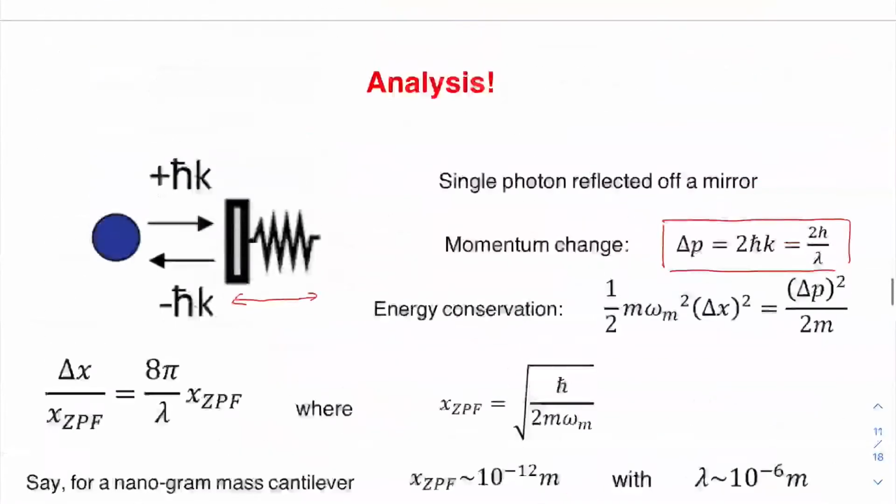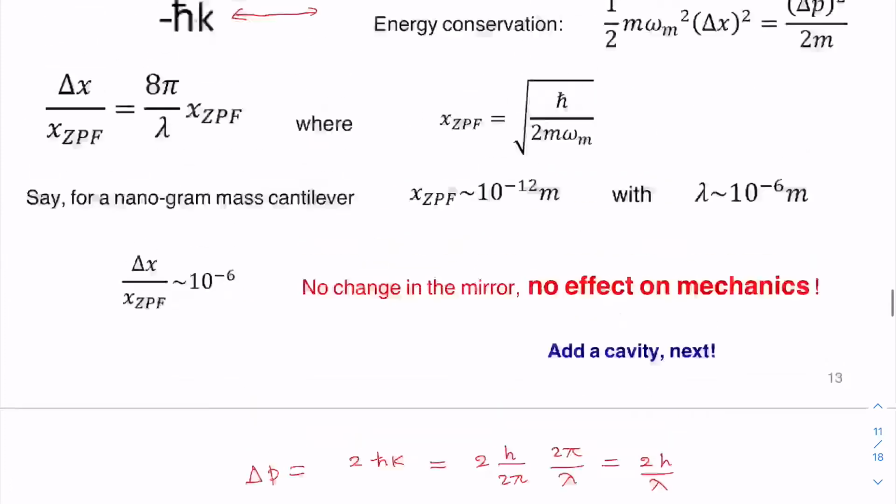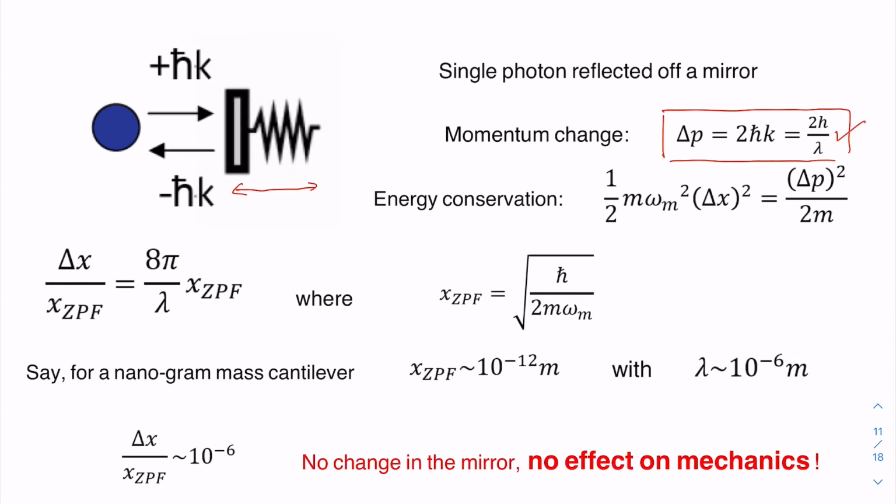Delta p, when one photon is getting incident, would be twice h cross k, right? And h cross is equal to h by 2 pi, and k is equal to 2 pi by lambda, so I can simply write it as 2h by lambda. So this is what is written here.